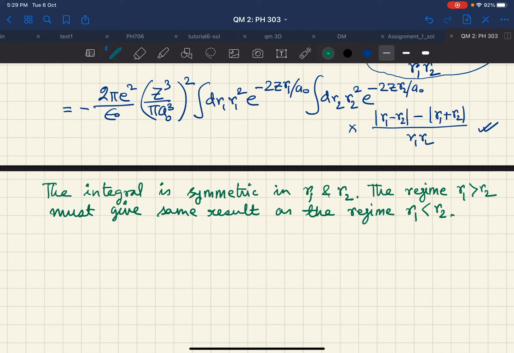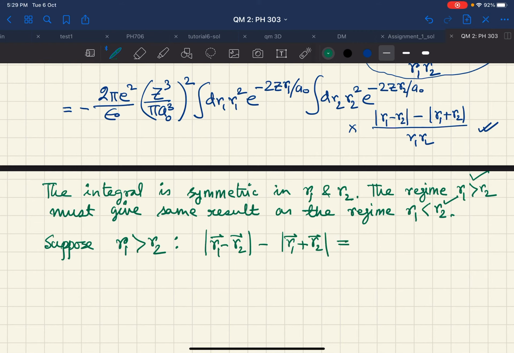In fact, that means we can then focus on one of these regimes, either this or that, and then multiply by 2. So suppose we look at r1 greater than r2 only. Now if r1 greater than r2, what does |r1 minus r2| minus |r1 plus r2| give?